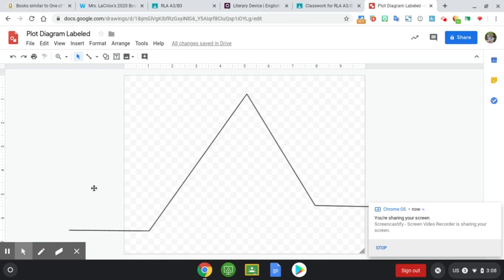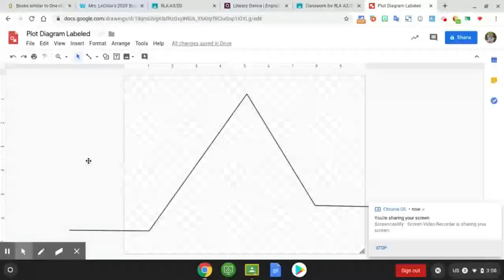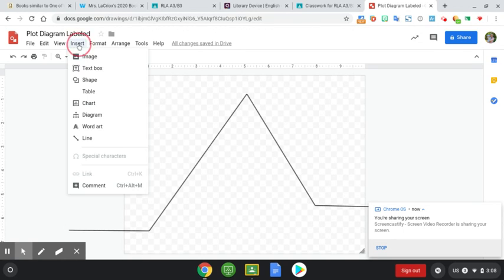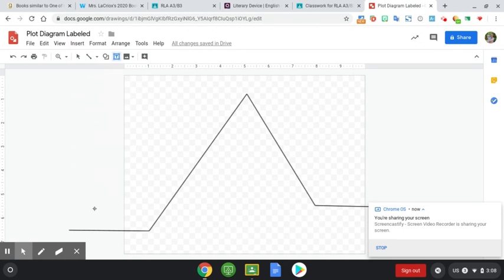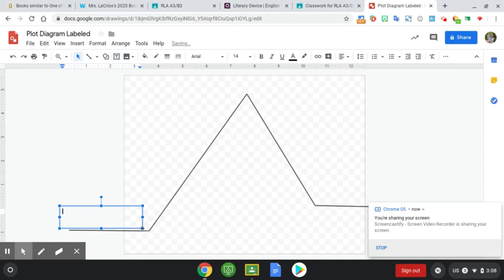All right, guys, I am going to review our labeling of the plot diagram. So first, we start at the very beginning where we put our exposition. And let's make that easier to read. All right.